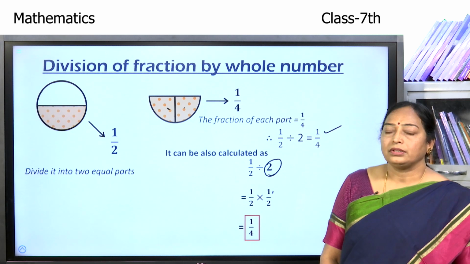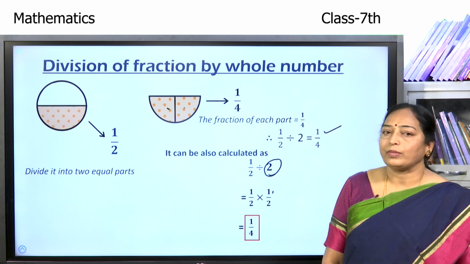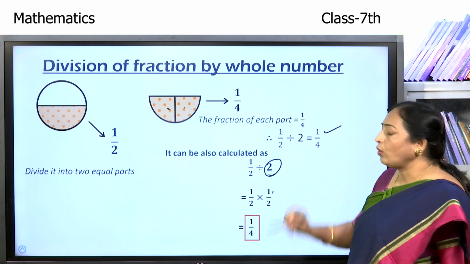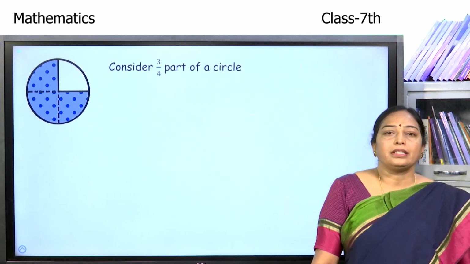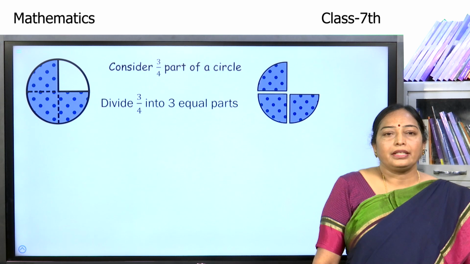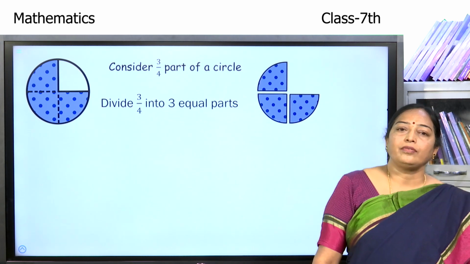Children, I think you understand the method of division of a fraction by a whole number. Here half is the fraction, 2 is a whole number. Let us consider 3/4 part of a circle. Divide 3/4 into 3 equal parts. What is the measurement of each part?